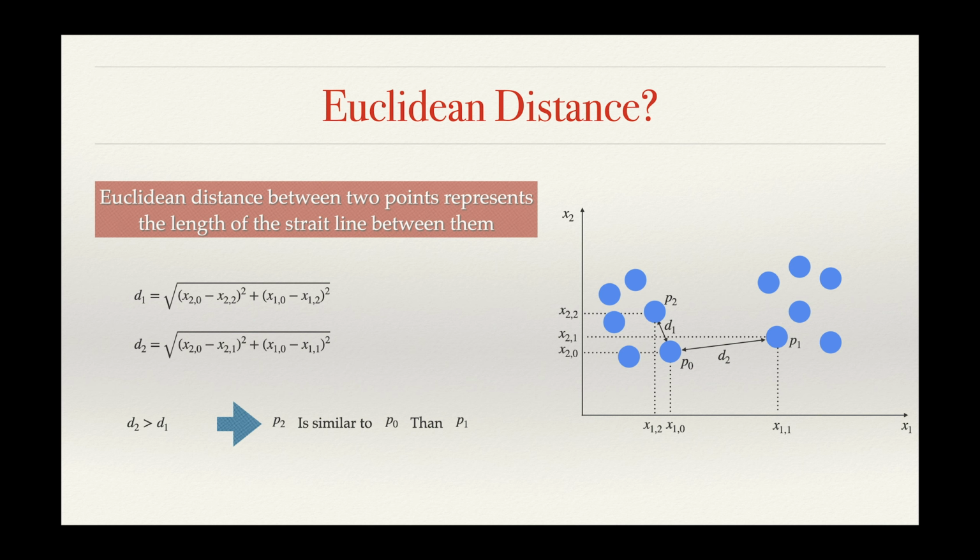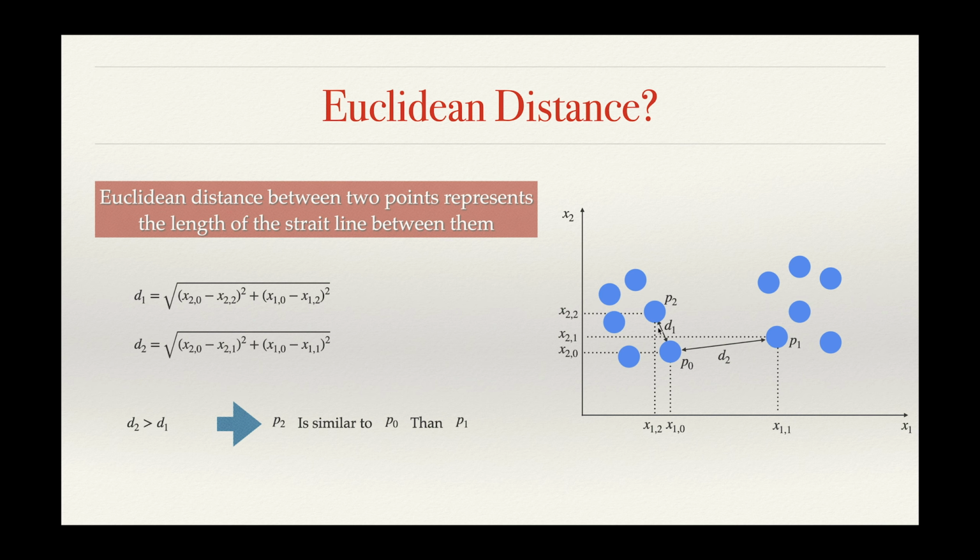Of course, the first similarity measure is the Euclidean distance, which is a very well-known and famous distance measure between two points in a vector space. The Euclidean distance is basically the length of the direct line between two points. For example, we have these points P0 and P2.